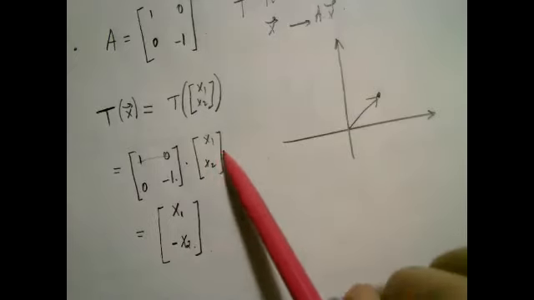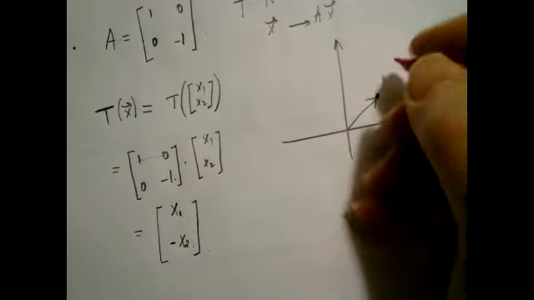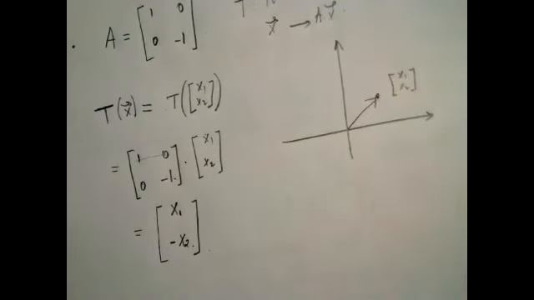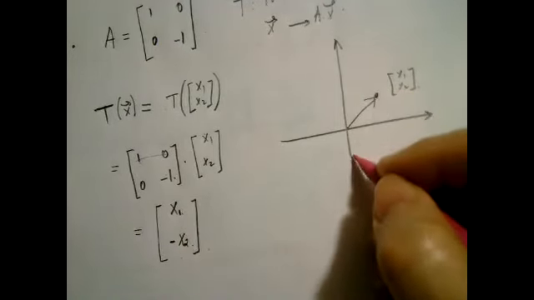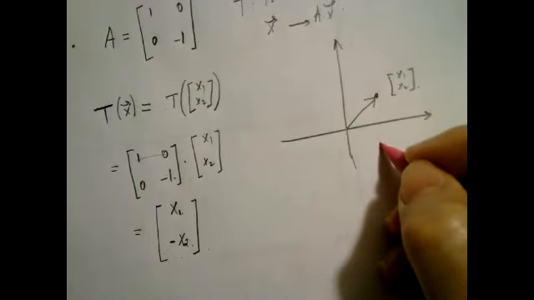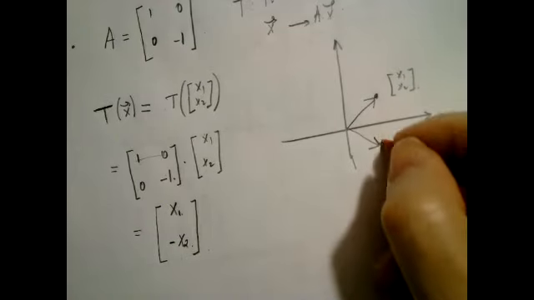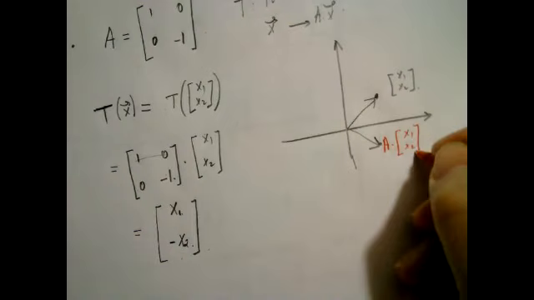Multiplying a vector by A from the left, it takes the vector x1, x2 to which vector? To x1 and minus x2, which is right here. So that's A of x, that's A of x1, x2.